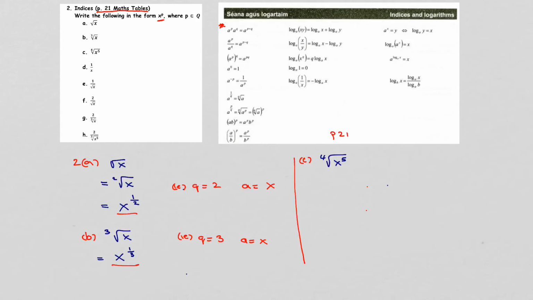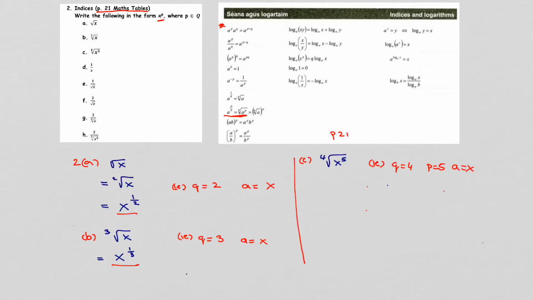This time we have a to a power underneath the root, so that's the one directly underneath that we're looking at. You can see here it's a to the power of p, and it's the q root of that. So q this time is 4, the power of a is 5, and a is equivalent to x in this question.